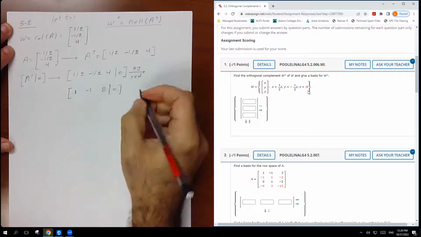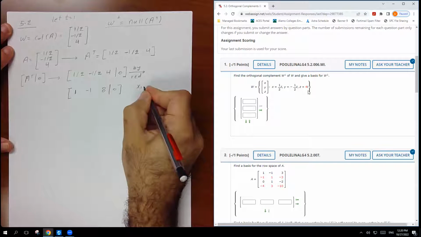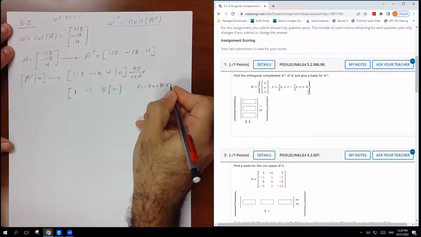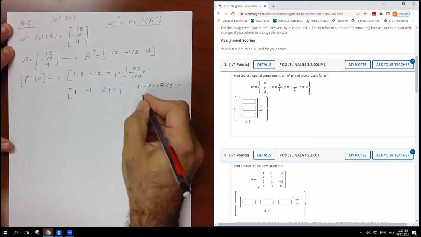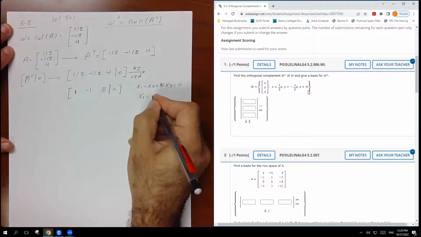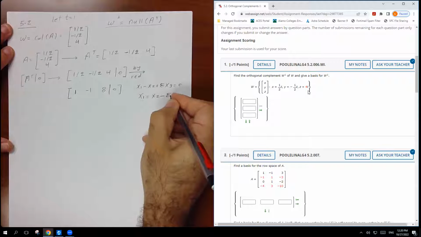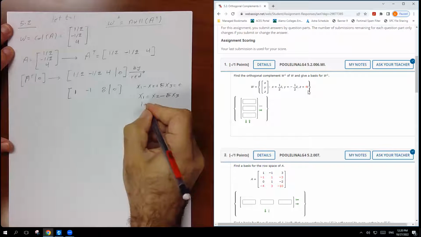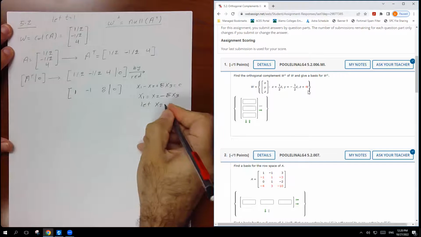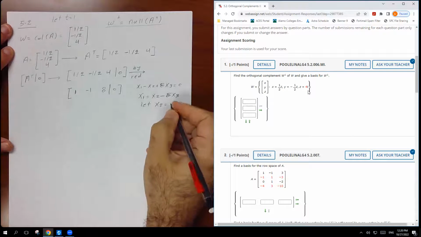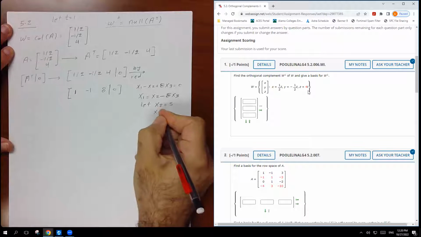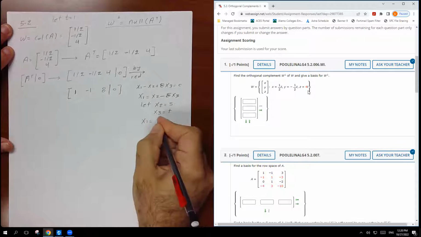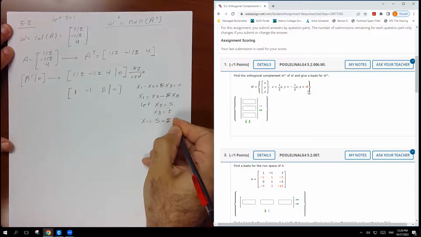Now, x1 minus x2 plus 8 x3 equals 0. I'm going to solve it for x1. It is going to be x2 minus 8 x3. I'm going to let x2 equal s and x3 equal t. That means x1 is going to be s minus 8t.